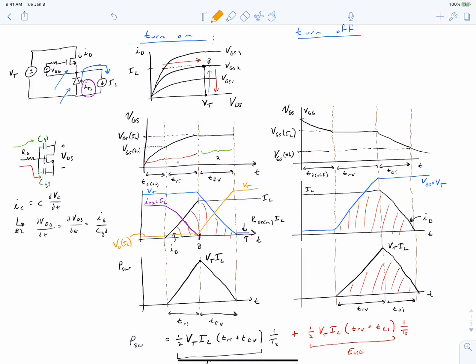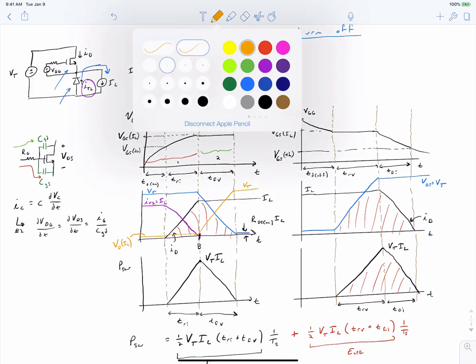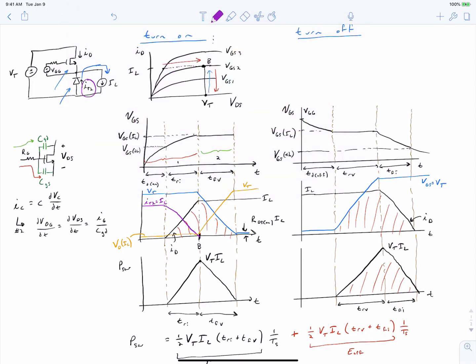Similarly, in the turn-off interval, when the MOSFET is turning off, the diode is initially not conducting. So diode has zero current initially, and it stays this way until the drain current of the MOSFET starts to decrease, and then the diode has to conduct the entire load current. The voltage mirrors that of the drain source voltage of the MOSFET.